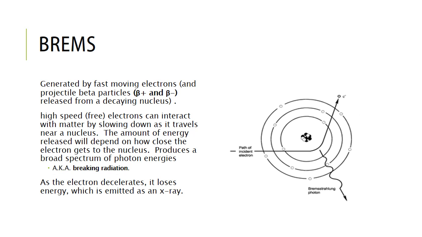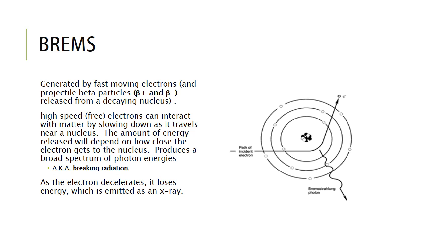So again, Brems are generated by fast-moving electrons from beta particles, and that's normal beta particles and positrons, so beta plus and beta minus, released from a decaying nucleus. The high-speed free electrons interact with matter by slowing down as they travel near the nuclear force. The amount of energy released depends on how close the electron gets to the nucleus, and it produces a very broad spectrum of photon energies.